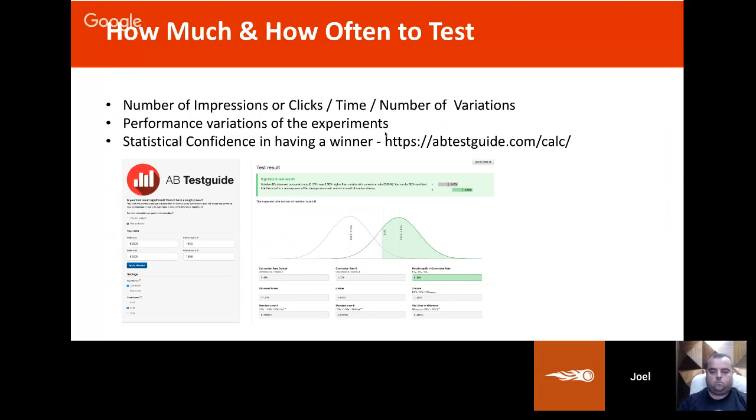Now I'll talk about another scenario, where you're running ad A and ad B over a month's period of time. Over that month, you have hundreds of thousands of impressions, but both ads A and B have almost the exact same number of clicks. In that scenario, you don't have statistical confidence to determine that you have a winner or a loser.